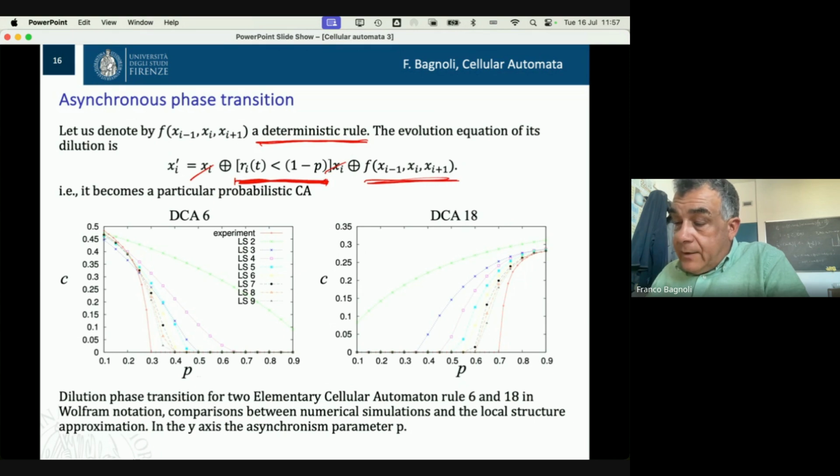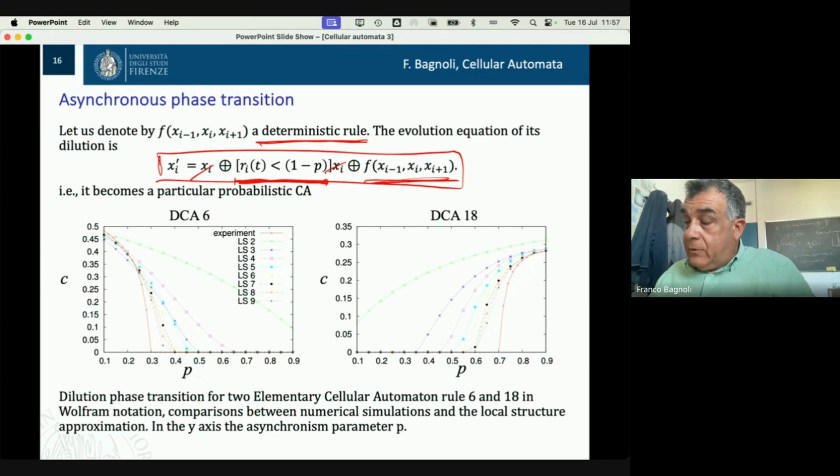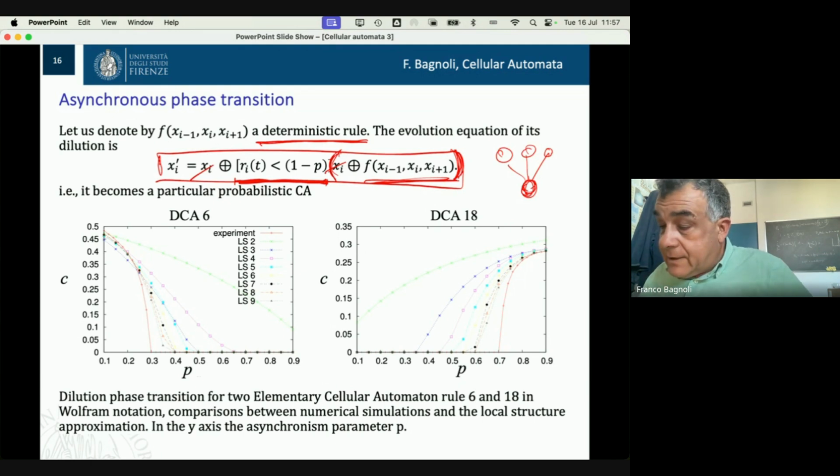If this is false, I'm not sure that it is the right formulation, I have to check. But the idea is that when you compute your value, you take this or you keep. Actually, I think that here we have a parenthesis missing. So if this is true, you cancel out x and you get the function. If this is false, you throw away this and you stay with the same value.